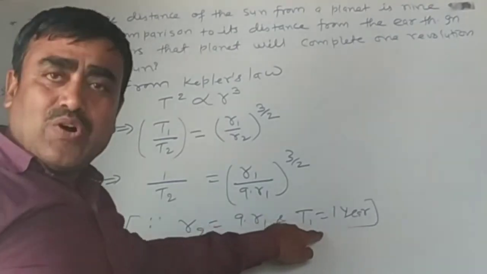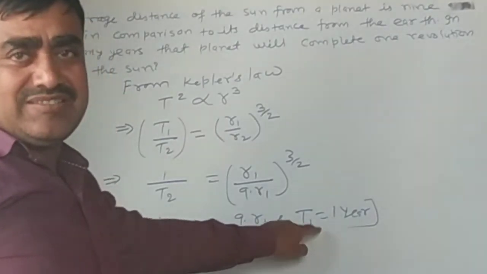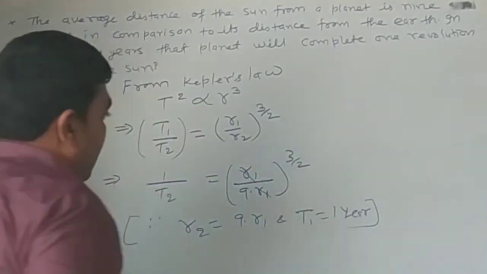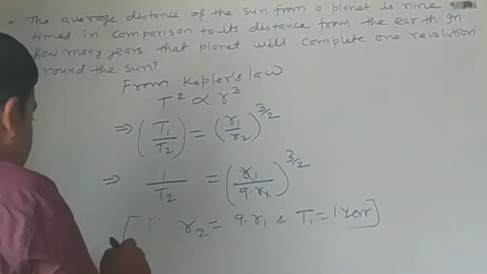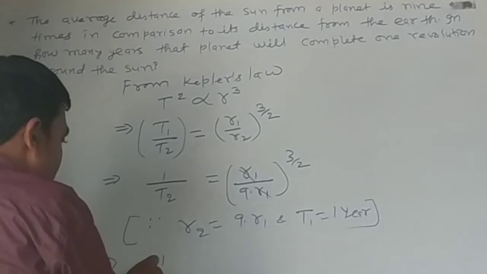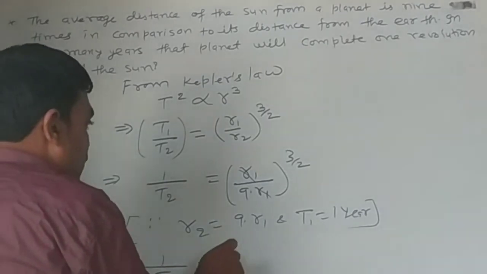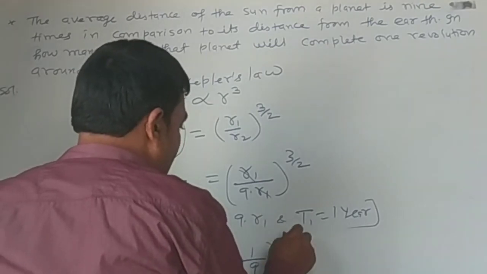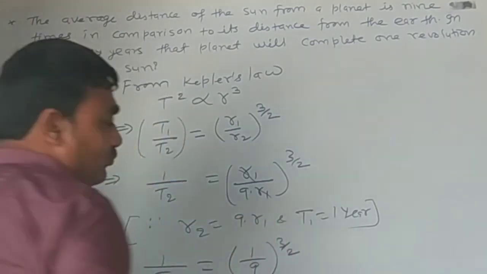This is according to your question. This R1 cancels this R1. That implies 1 upon T2 is equal to 1 upon 9 to the power 3 by 2.